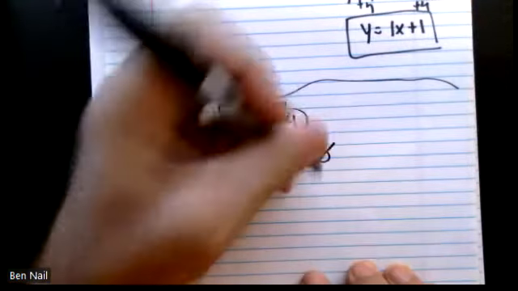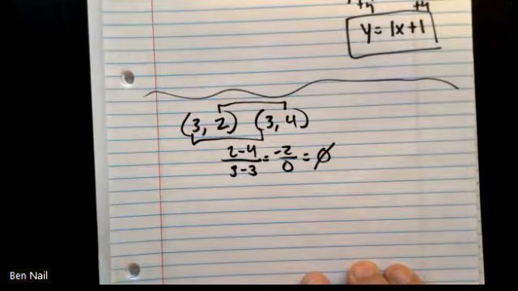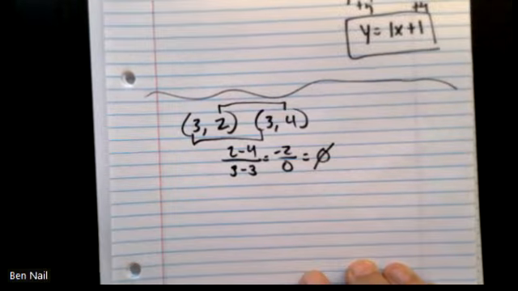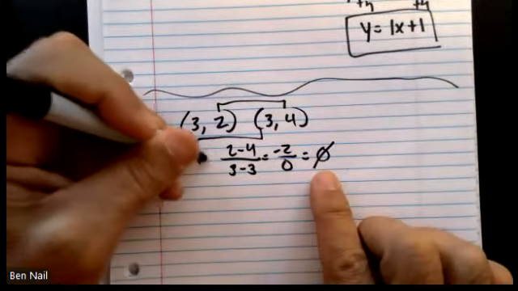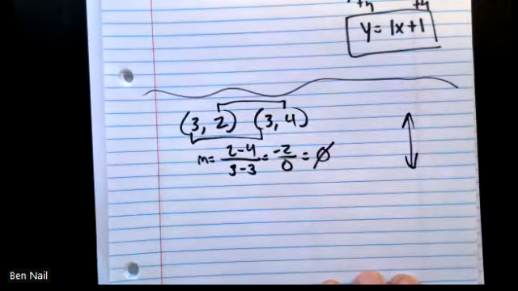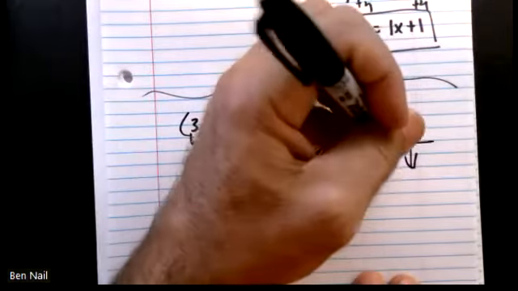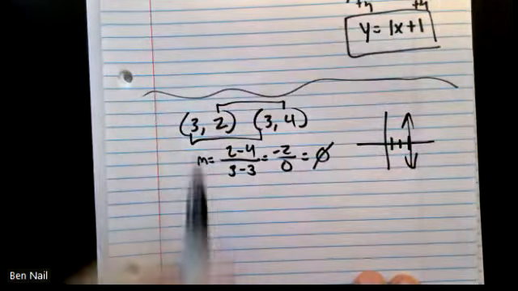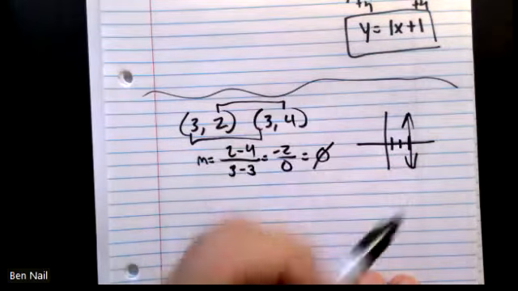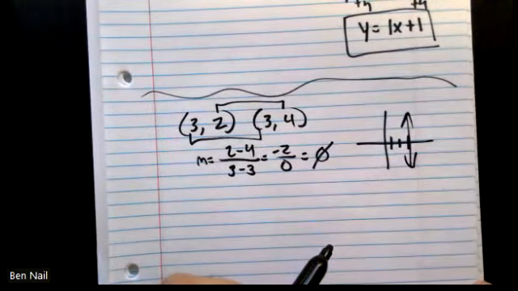Remember, that's bad. That means it's undefined. Now, also remember, this is just the slope, and an undefined slope means you have a vertical line. In fact, specifically, we've got a line that's going to cut through the coordinates 3, 2, and 3, 4. We've got a vertical line over here.